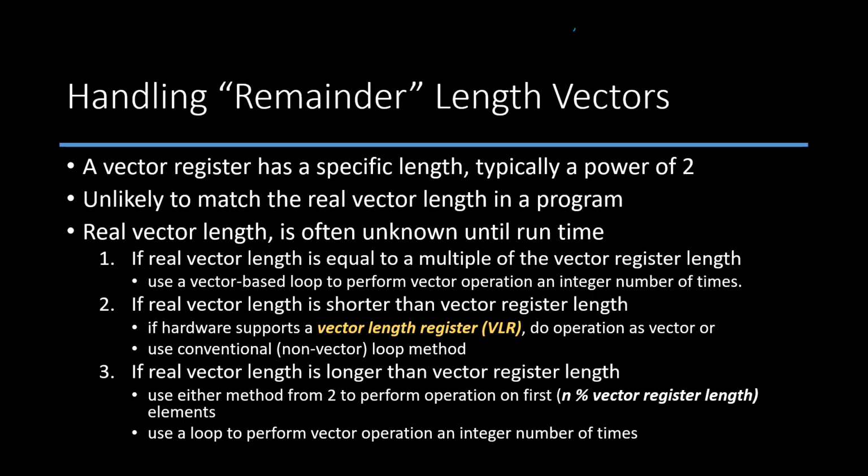So let's take a look at ways to handle this. In fact, one thing that's worth noting is that it is most common that your vector registers are going to have a power of 2 number of lanes, and it is more than likely that your array length is not going to be a power of 2.